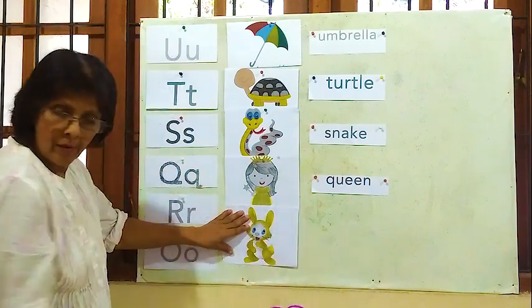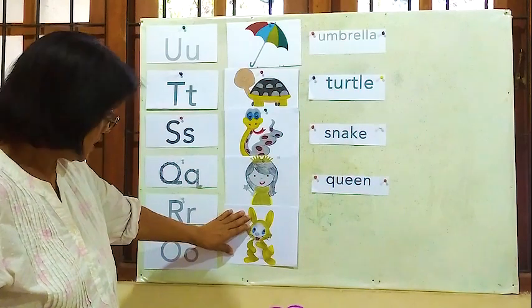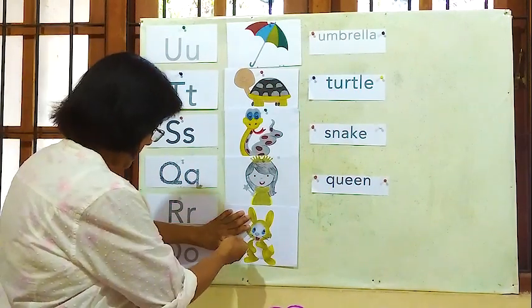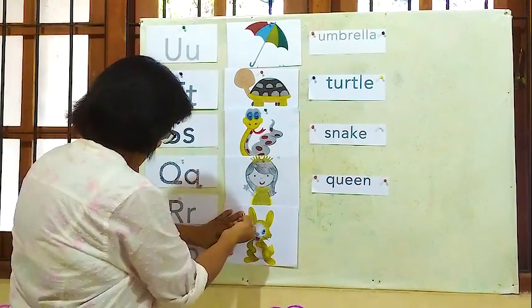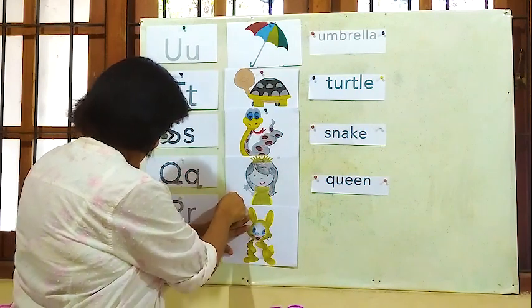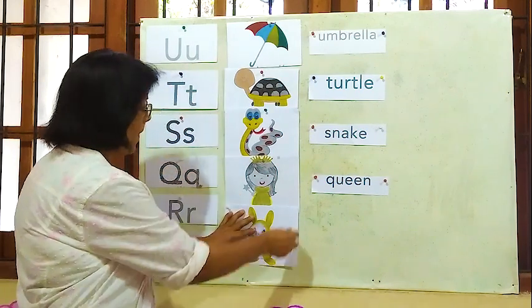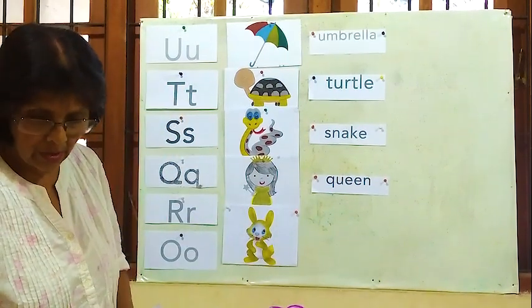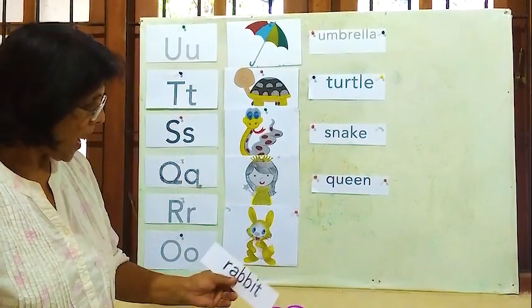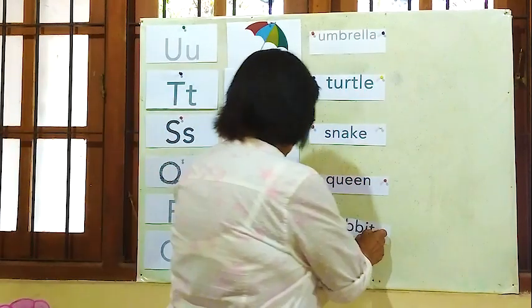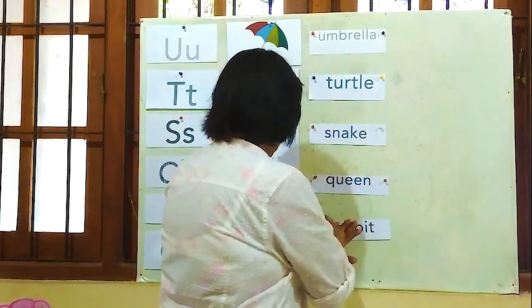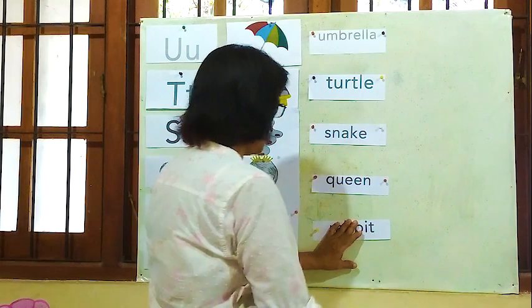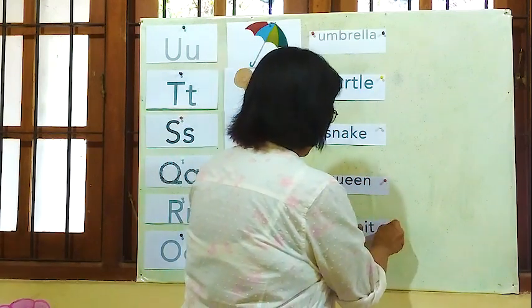R for rabbit. Now here the word rabbit. R for rabbit and the word rabbit.